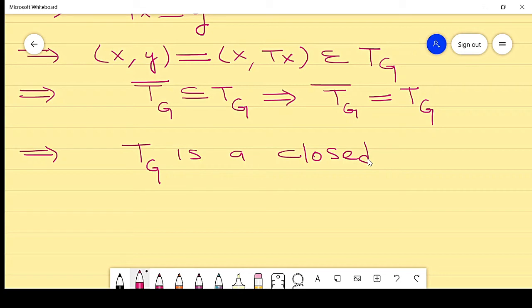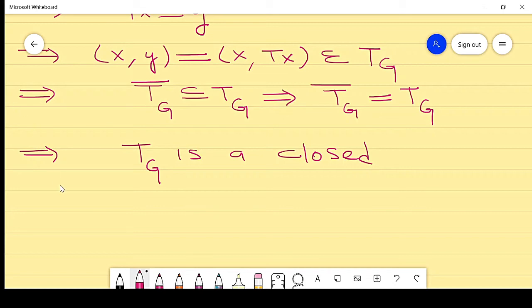So the graph is closed. This is the closed graph theorem. When we combine the previous part, T is continuous if and only if its graph is closed.